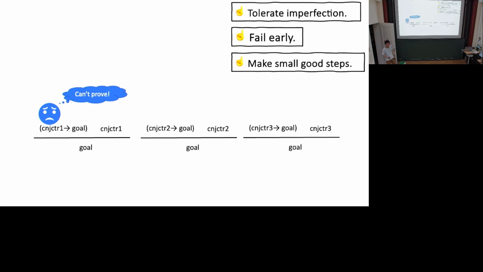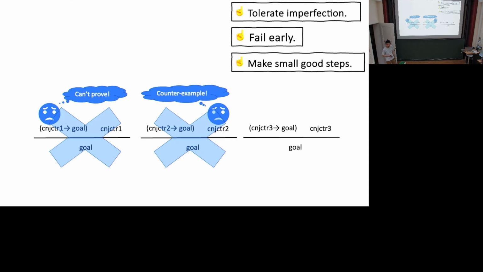So conjecture 1 doesn't look like a useful one, so we discard it. Maybe for conjecture 2, quick check finds a counterexample, so we are sort of sure that this is not a good conjecture. For conjecture 3, we managed to prove the goal assuming conjecture 3, and quick check doesn't find a counterexample. So we can hope that conjecture 3 is easier, even though there is no guarantee that it is actually easier than the goal itself.